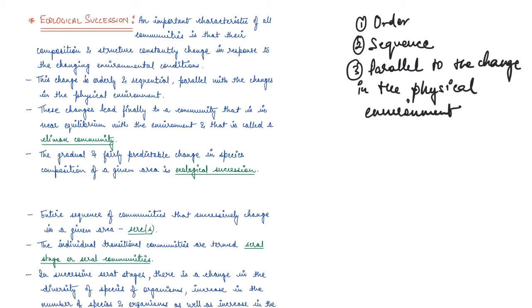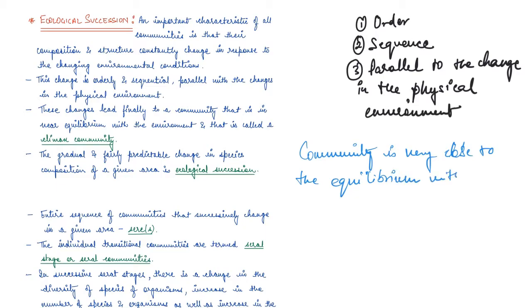And when the community is very close to the equilibrium with the environment, this community is known as Climax Community.